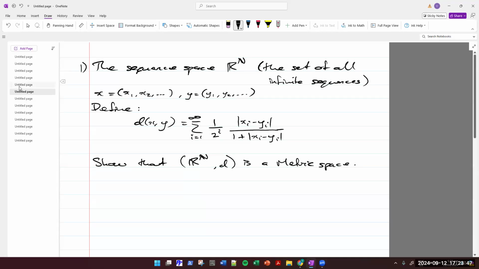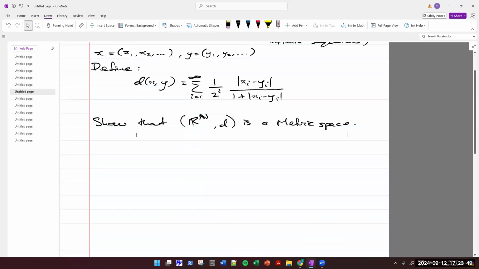So to show this is a metric space, I just need to verify those four properties of a metric. The first thing that we may want to check, however, notice that this metric is given in terms of an infinite sum or series. So it will only make sense if this series converges. Because what if this series doesn't converge? Then what's the value for the metric? The metric has to give you a value, right?